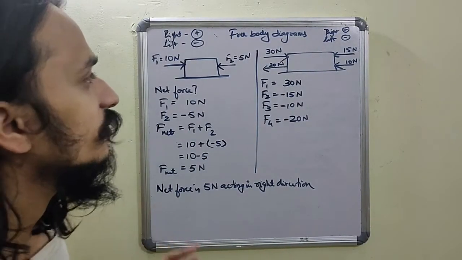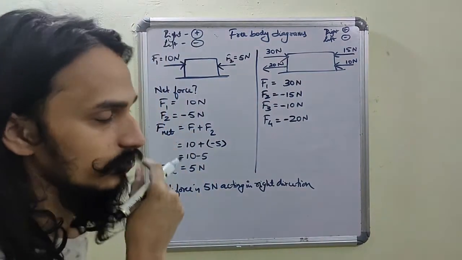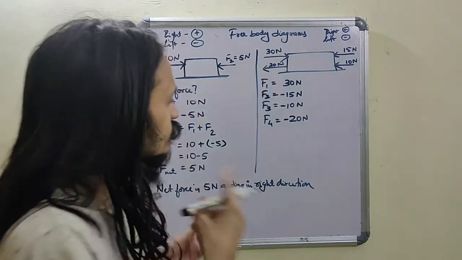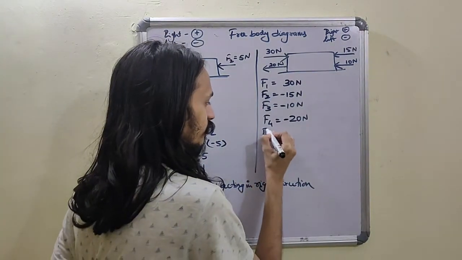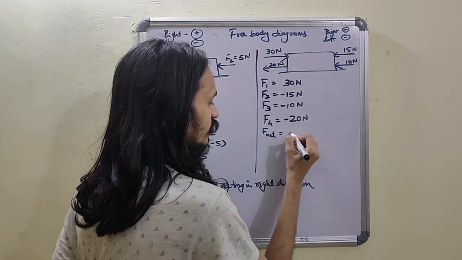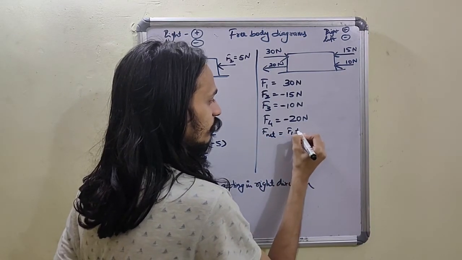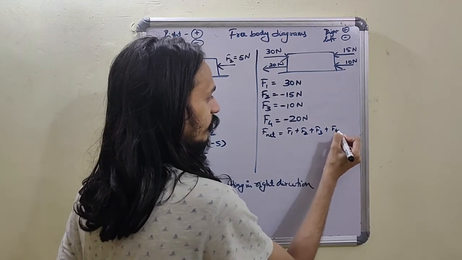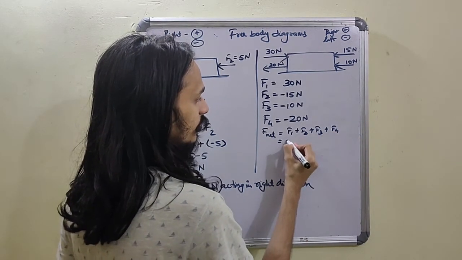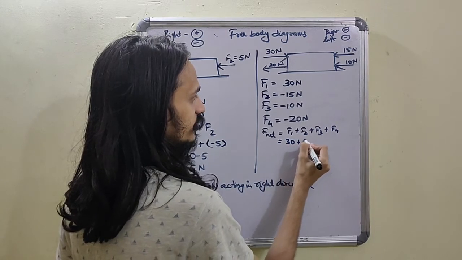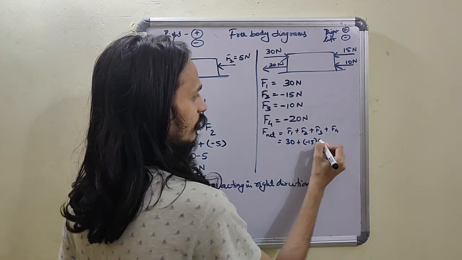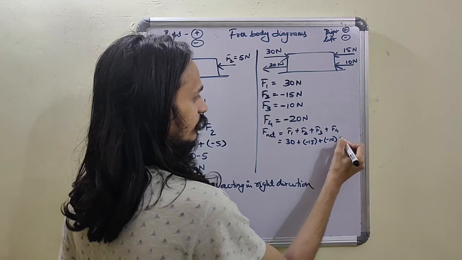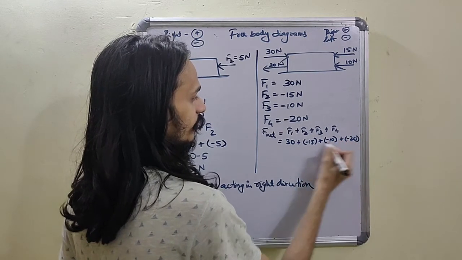So now I have all the 4 forces listed down. All that's left to do is add them. So F net is nothing but F1 plus F2 plus F3 plus F4. It's 30 plus minus 15 plus minus 10 plus minus 20.